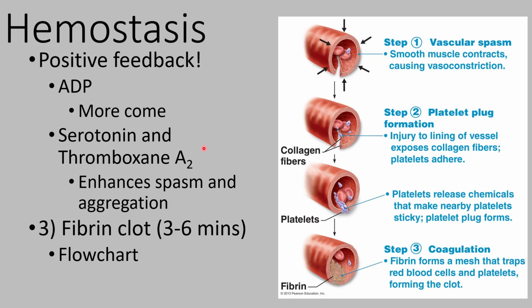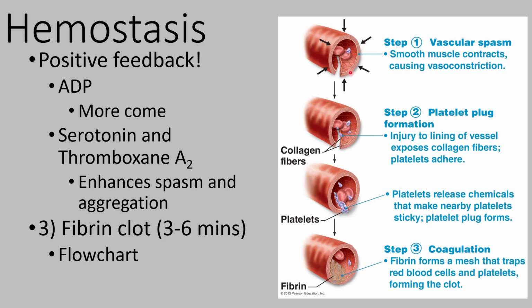All right, so as this is happening, we're having this growing mound of platelets. That's our platelet plug formation. We're going to have serotonin and thromboxane A2 chemicals being released. Serotonin is going to enhance that vascular spasm.